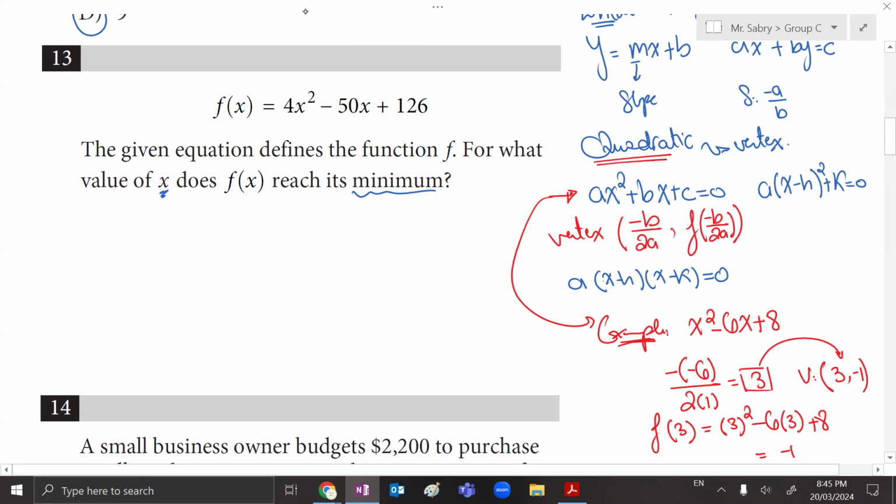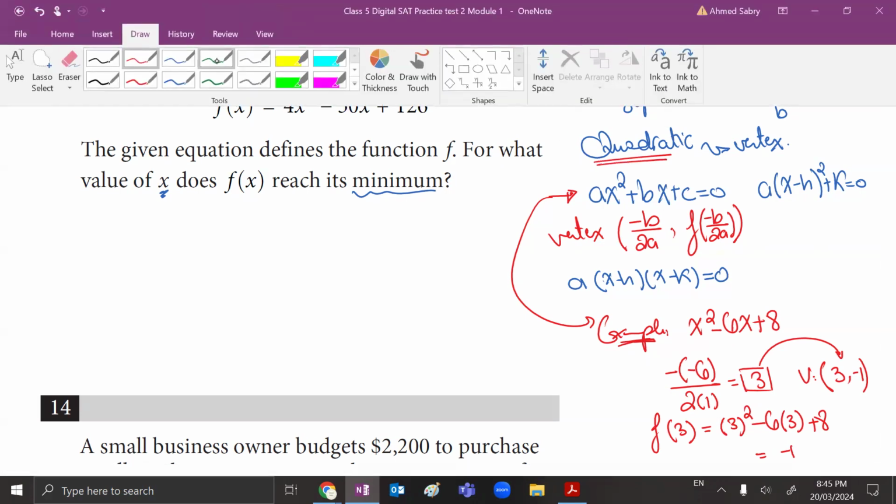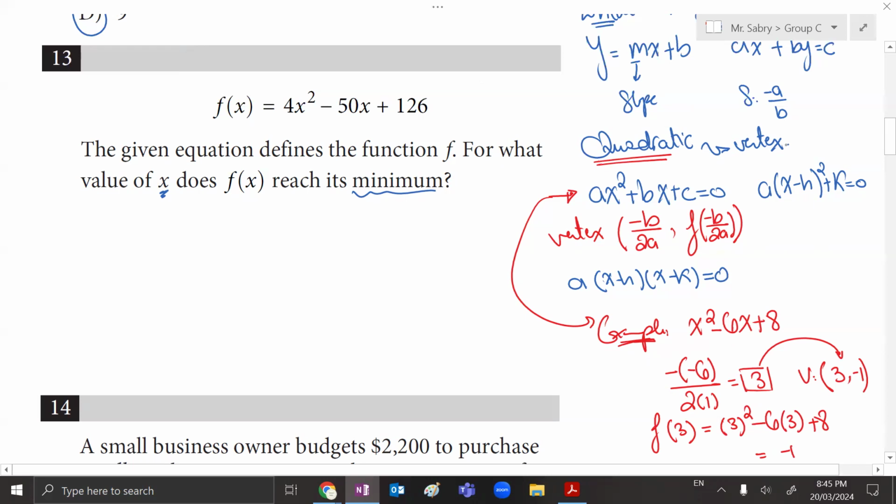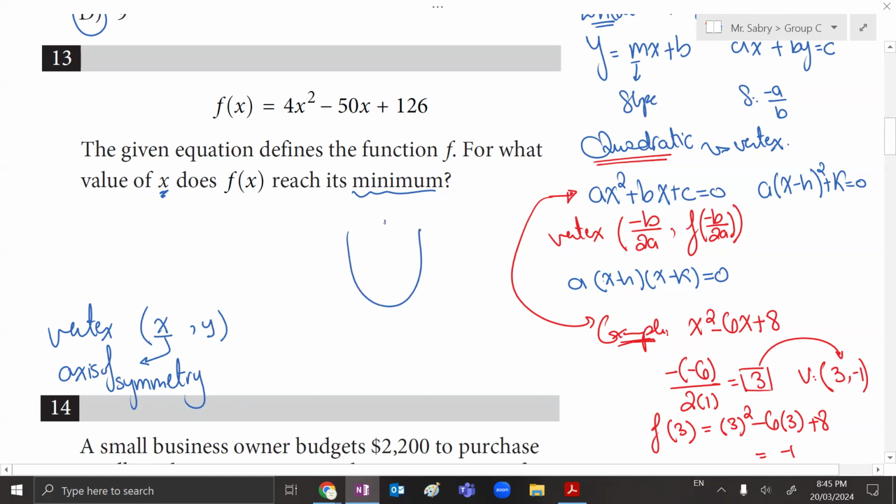Kind of, yeah. Now, why is the vertex important? The vertex is important because the vertex, as we said, has two values, x and y. The x of the vertex represents something called the axis of symmetry, which is a line, a vertical line, that splits any parabola into two equal parts.